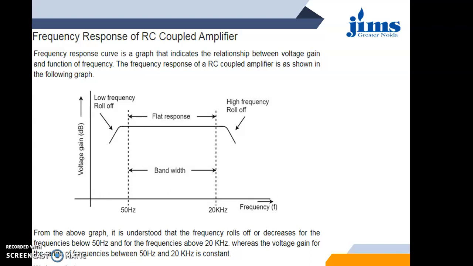And before we go to that discussion, let me tell you that this is the ideal or the best frequency response for an amplifier, that whatever is the range of the frequency in which it is working, the gain should be constant, the gain should be flat.